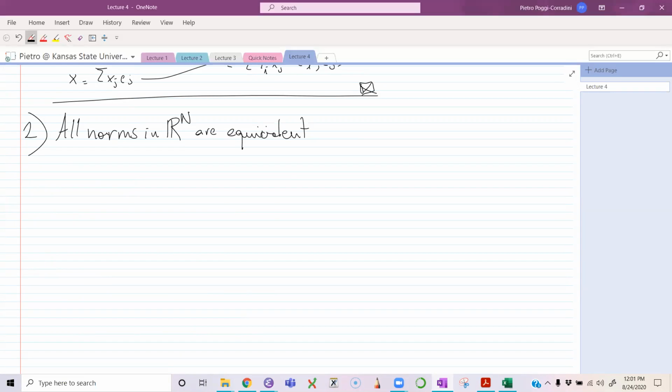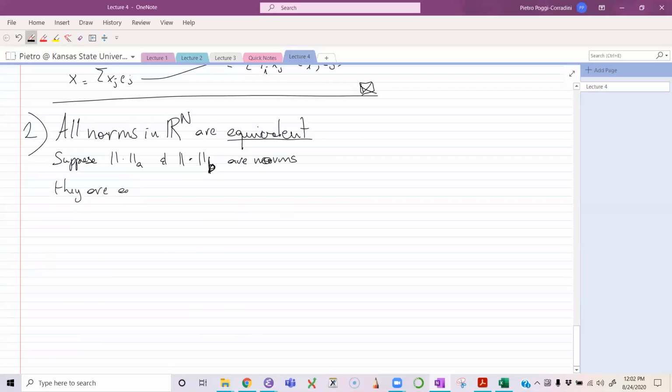So what do we mean by equivalent? Suppose you have two norms, norm A and norm B. We're going to say that they are equivalent if you can find two constants, C1, C2.